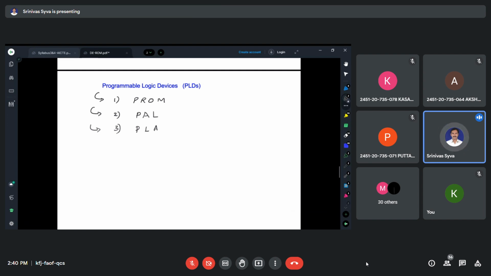We will see these three types of PLDs. Programmable read-only memory was already seen. So now we have to see this PAL and PLA.